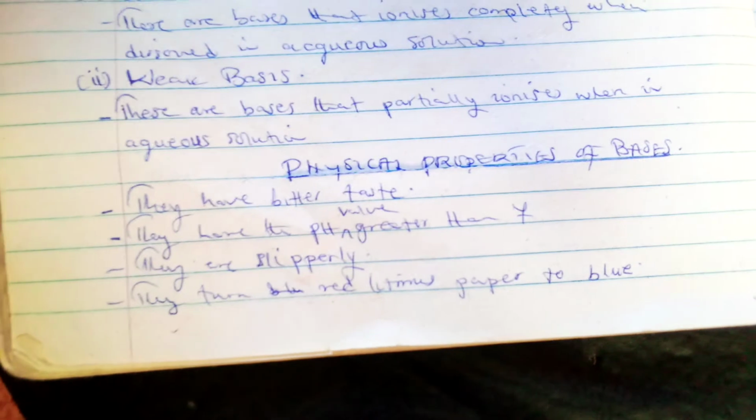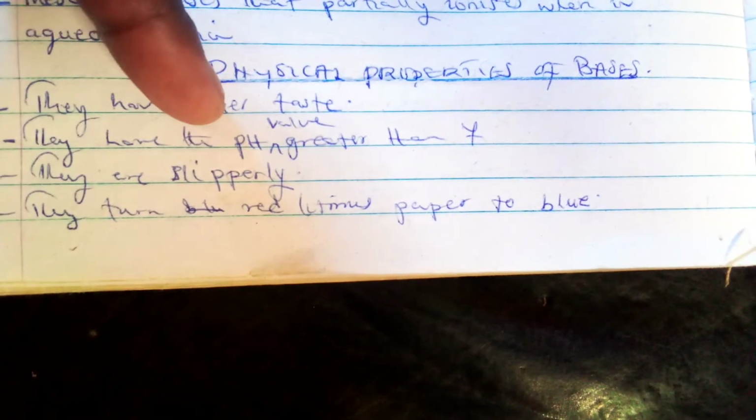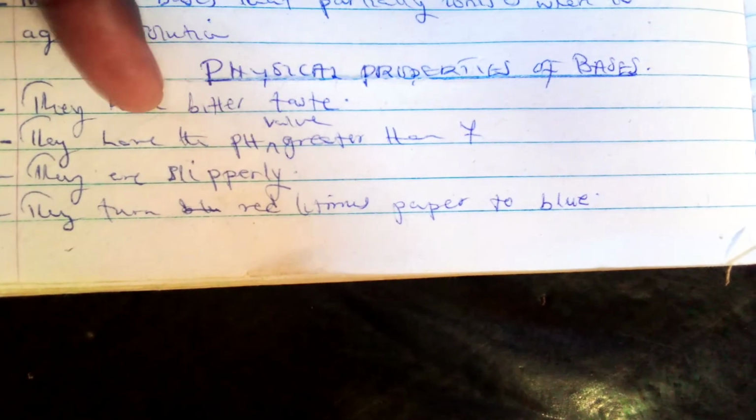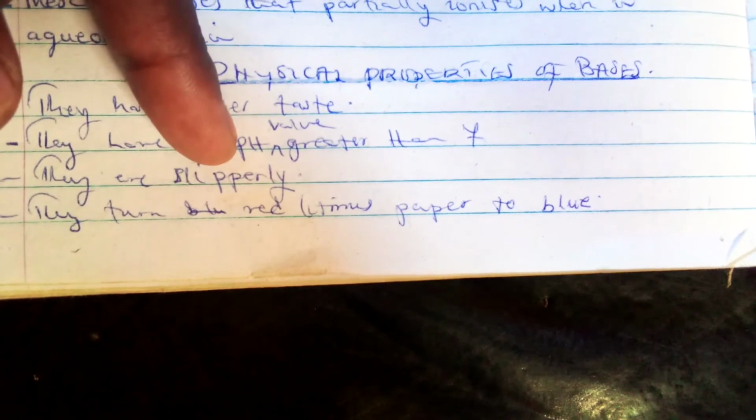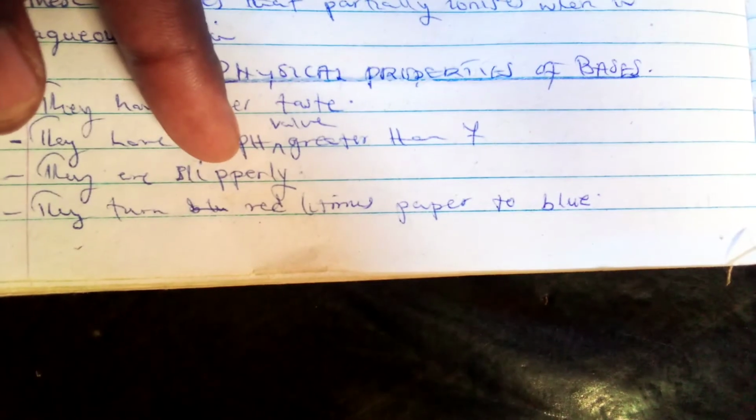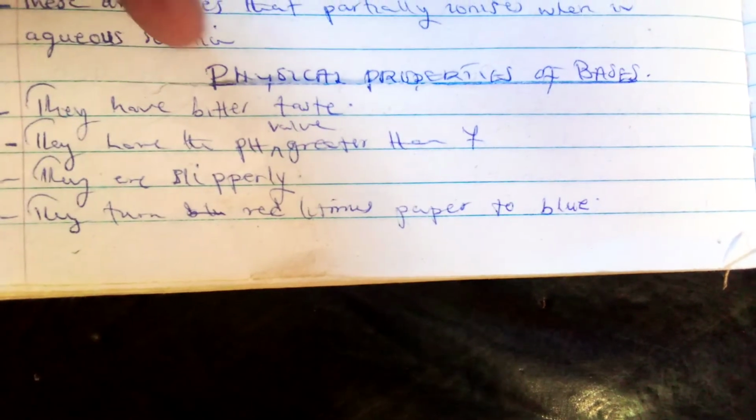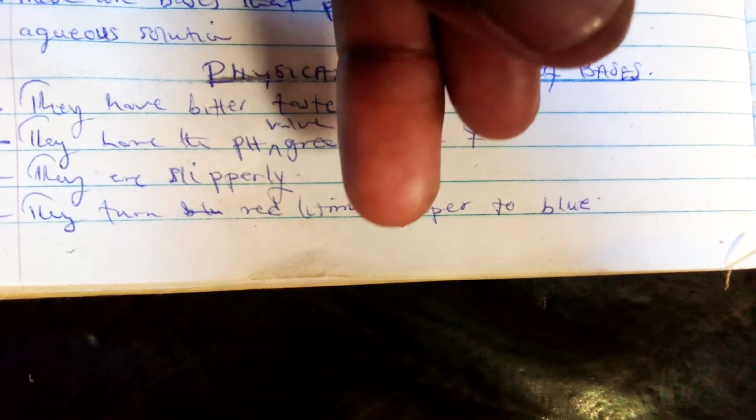ionized. Now, what are the physical properties of bases? One, they have a bitter taste. Number two, they have a pH value greater than 7. Number three, they are slippery when you touch them. They feel soapy.